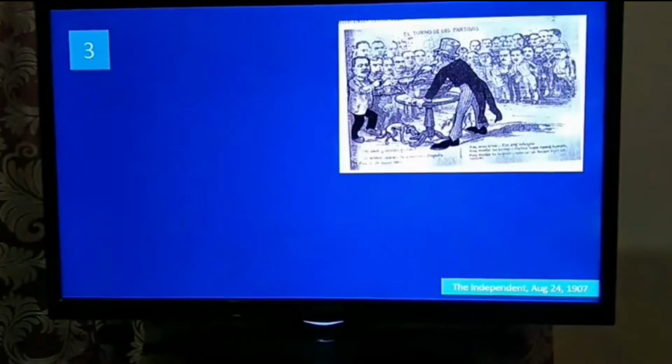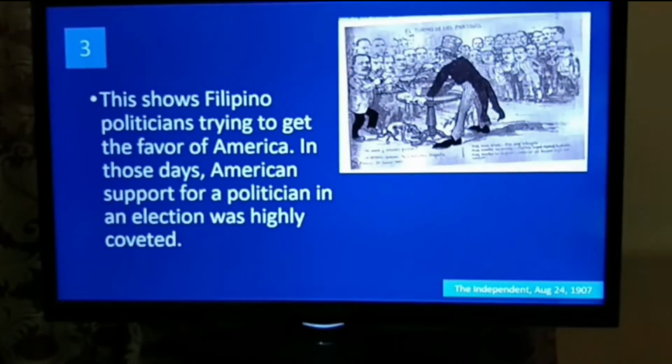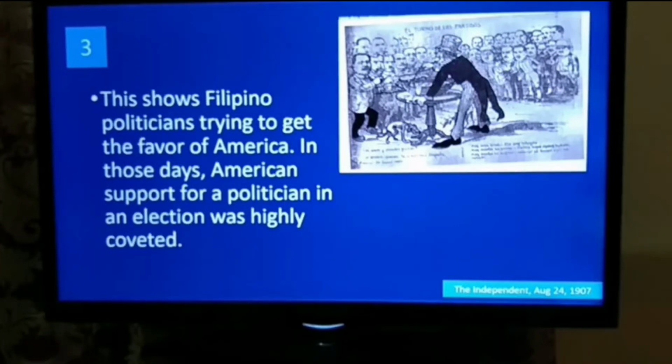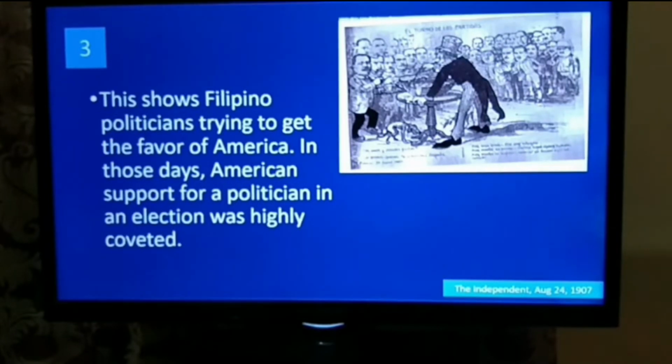Because in the old times, in the American period, the Americans were very, very influential in our elections. So the Americans taught us democracy. They taught us how to vote. In the Spanish times, we don't do that. There's no democracy. And so the Filipinos learned how to campaign, how to give political speeches, how to get the hearts of the voters to vote for them.